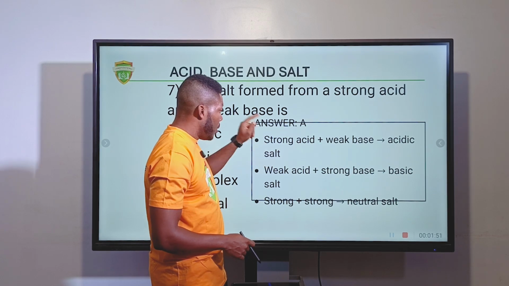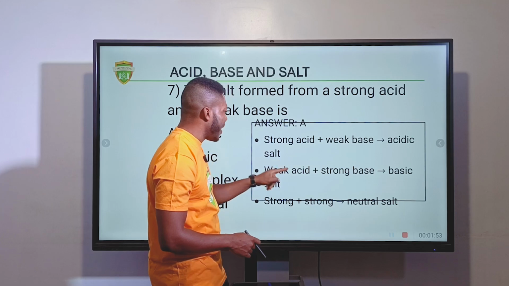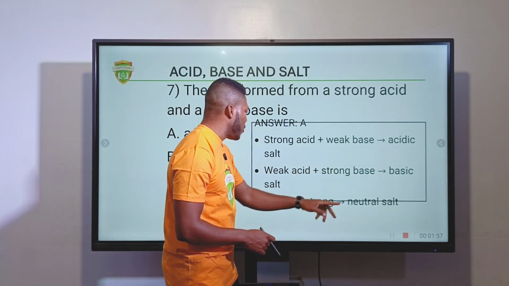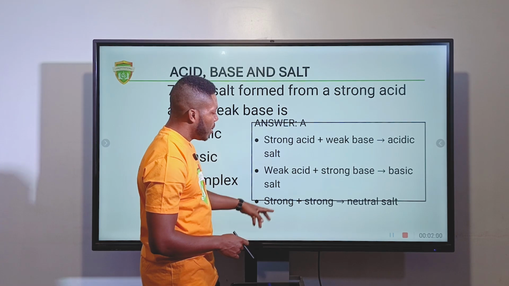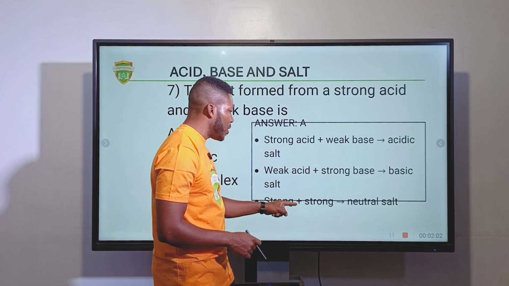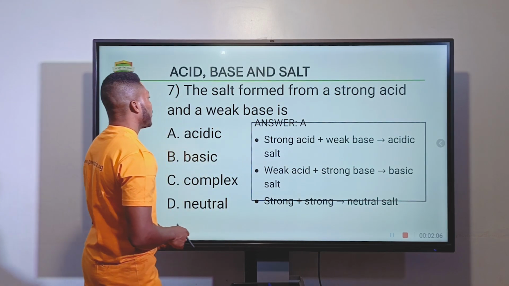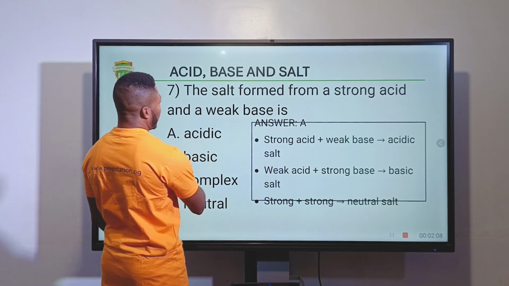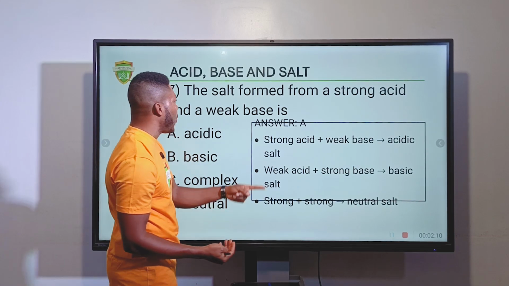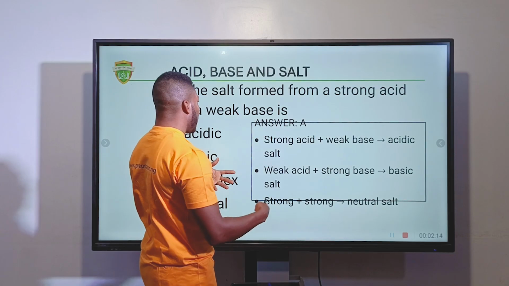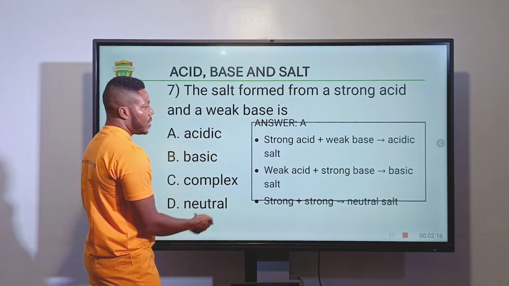Weak acid and strong base give us a basic salt, whereas strong acid and strong base give us a neutral salt. So which of these suits the question? Your answer is A.